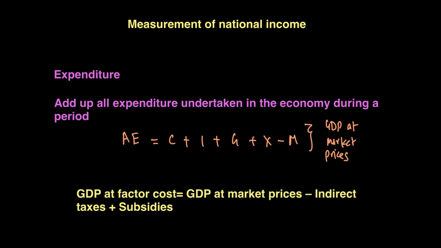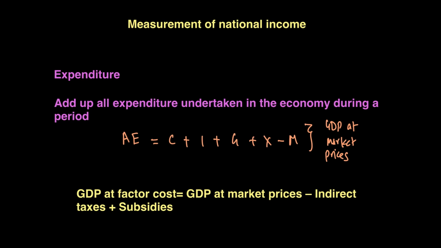This means that GDP at factor cost will be equal to GDP at market prices, which we found here, but then we subtract indirect taxes, which artificially increase the market price, and add subsidies, which artificially lower the market price. When we find GDP at factor cost, that will be very relevant because it will match the answers that we get from the other two approaches, which are the output approach and the income approach.